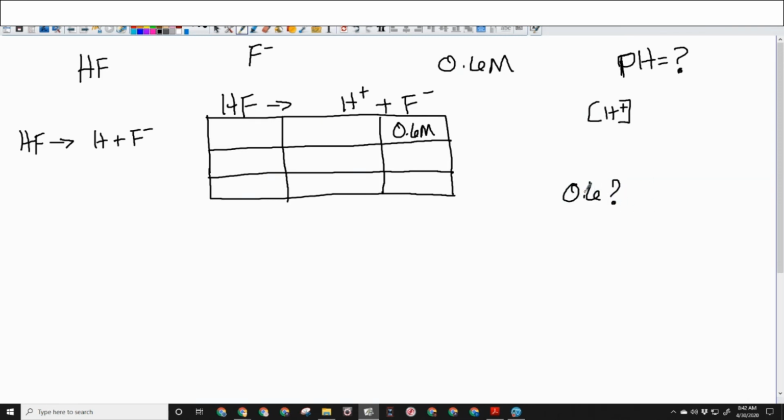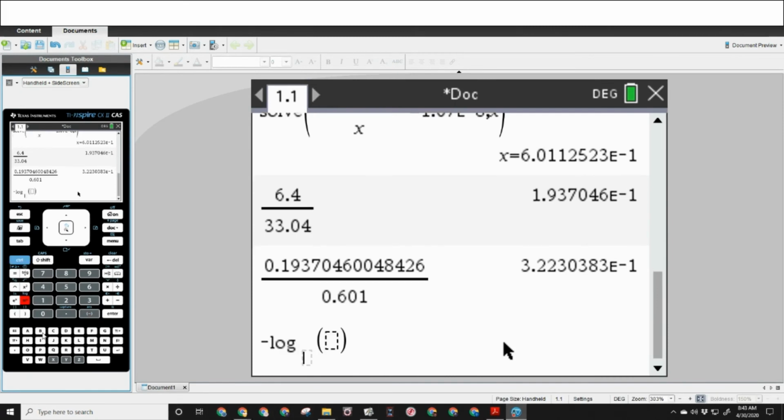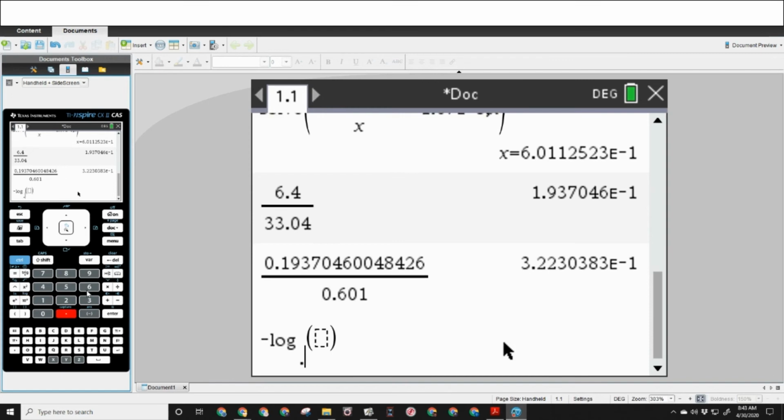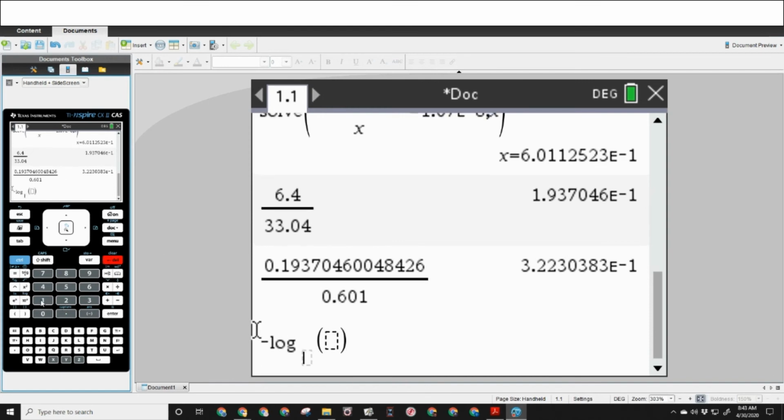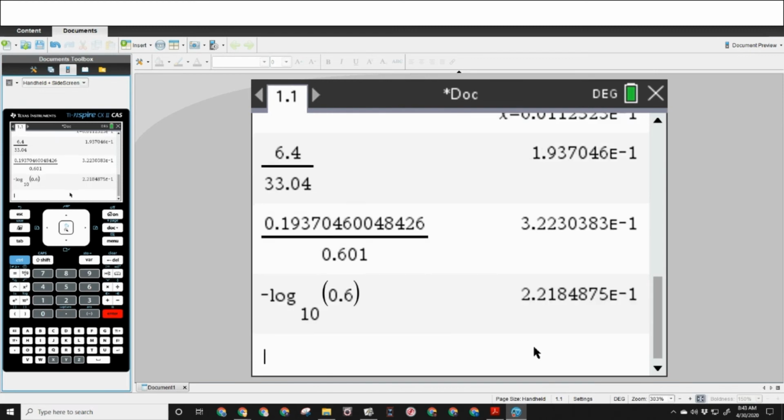And if that's the concentration, shouldn't I be able to take the negative log of this concentration and get the pH, which is the negative log base 10 of 0.6?